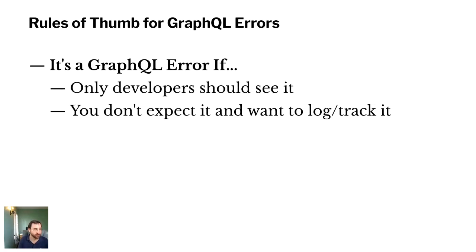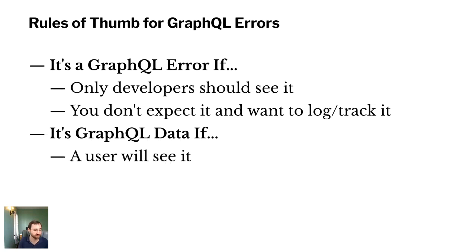But rather than being a GraphQL error, it's just plain first-class GraphQL data if a user will see it and if you expect it. So if you're testing your shopping cart application, you would test a valid discount code, and you would also test an invalid discount code or an expired discount code.